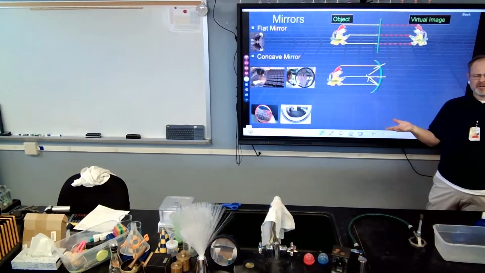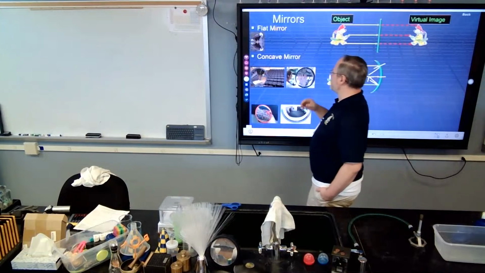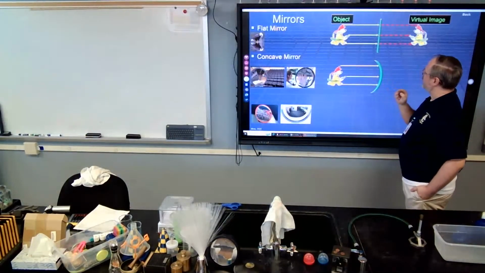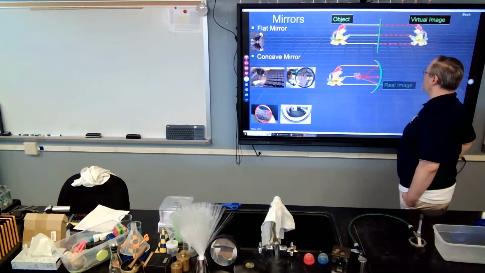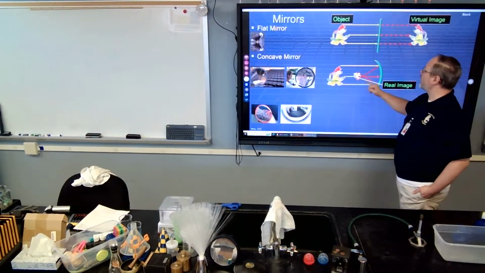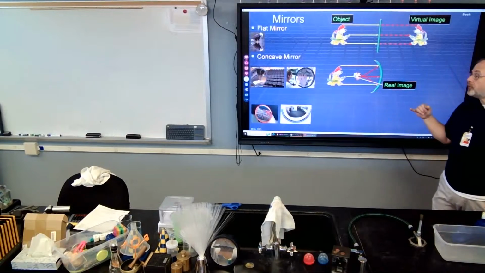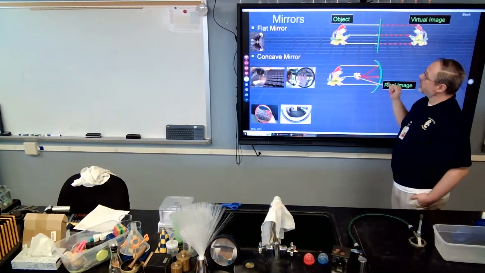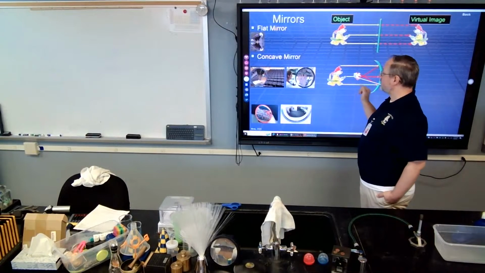Get the idea? Since the law of reflection applies even to curved mirrors, the rays that come back are going to be curved towards the middle. Now, since this is where the light is, this is a real image. What you see in a concave mirror is a real image.